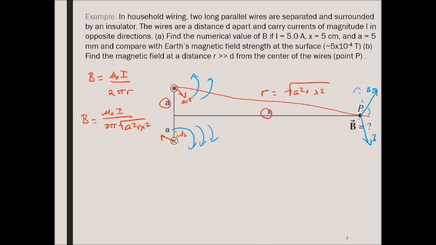What we're interested in is this angle, which is the same as this angle over here. So those are the same angles, and we need to figure out what those angles are. And the total magnetic field, the magnetic field at point B, is equal to the magnetic field from the top plus the magnetic field from the bottom.